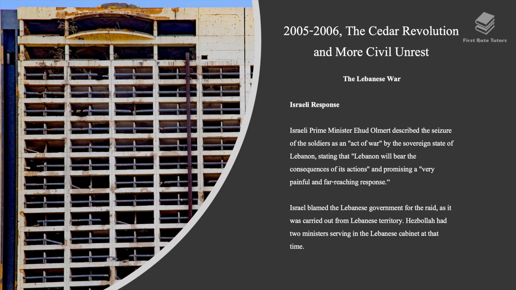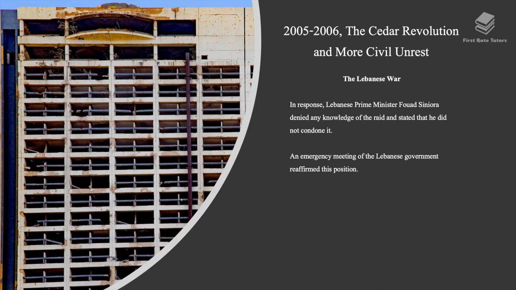Israel blamed the Lebanese government for the raid, as it was carried out from Lebanese territory. Hezbollah had 2 ministers serving in the Lebanese cabinet at the time. In response, the Lebanese Prime Minister Fouad Siniora denied any knowledge of the raid and stated that he did not condone it. An emergency meeting of the Lebanese government reaffirmed this position.